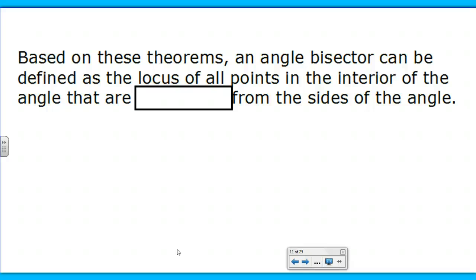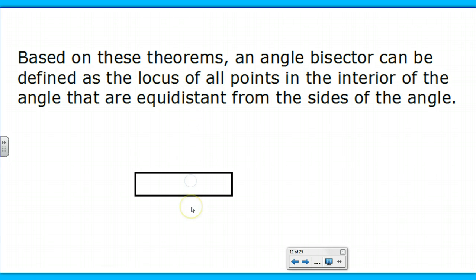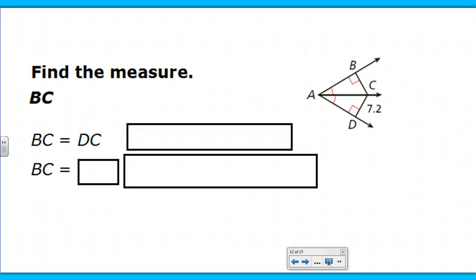So based on these theorems, an angle bisector can be defined as the locus of all points in the interior of the angle that are, that's right, equidistant from the sides of the angle. Find the measure BC. So we are given that BC equals DC because we see here that AC is bisecting the large angle BAD, right?